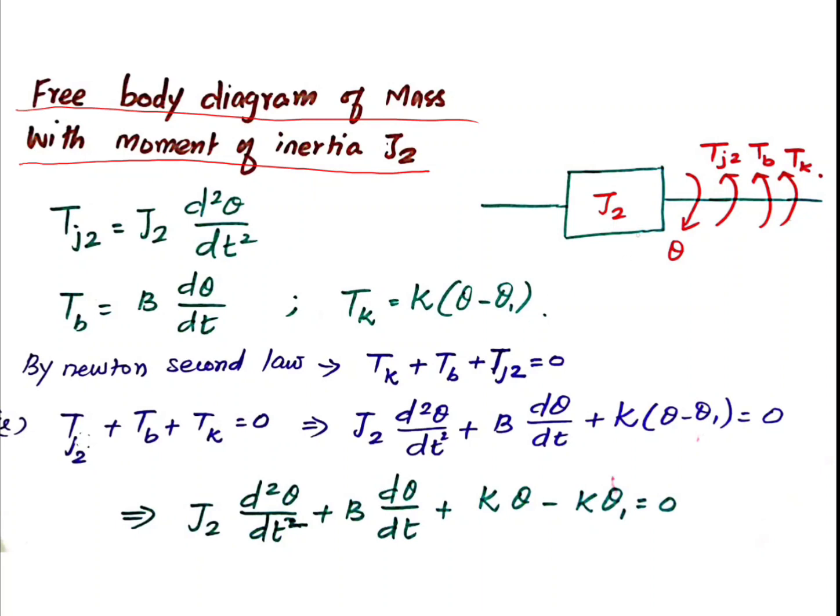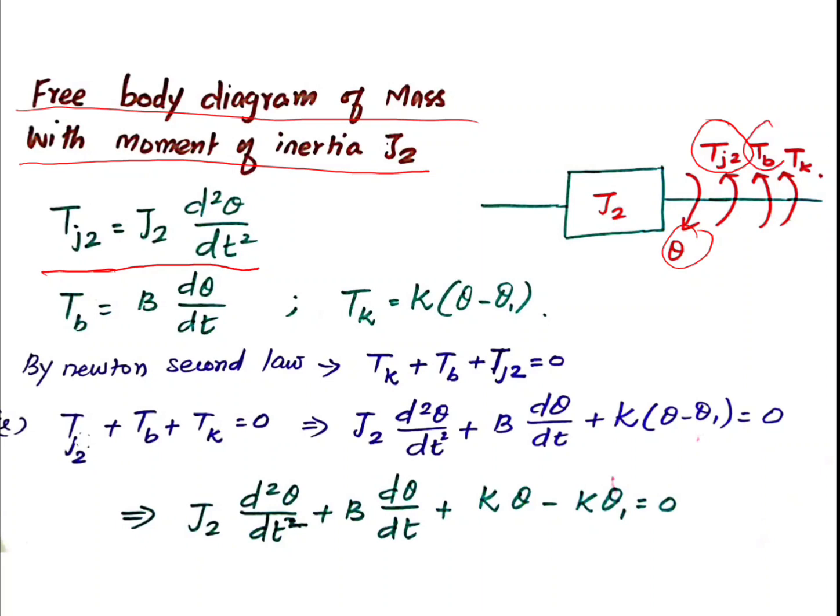In that mass element, three different forces are acting, all opposing torques, and the angular displacement is θ. Now, this T_J2 is the opposing torque related to the mass element, so T_J2 is equal to J2 d²θ/dt².